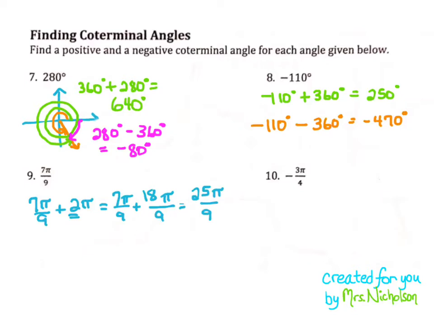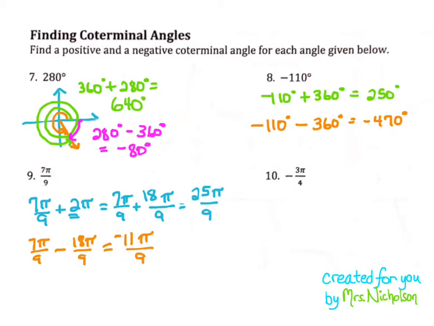And then to find the negative angle, I'm going to subtract 7 pi over 9 minus 2 pi. But I've already figured out that 2 pi is actually 18 pi over 9 to work with this angle. And 7 pi over 9 minus 18 pi over 9 gives me 11 pi over 9, and that's negative.